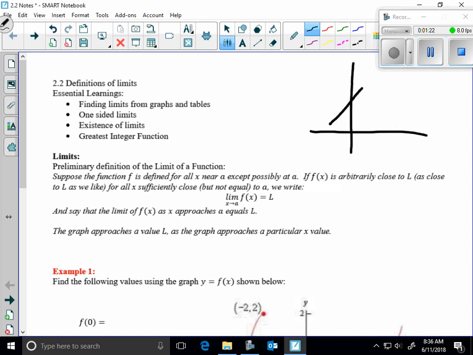Okay, so let's say we have a graph, and here is a.